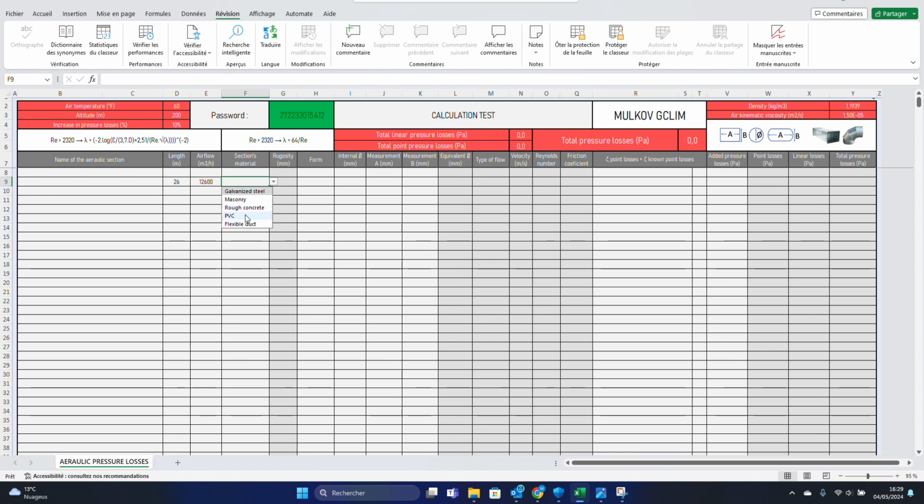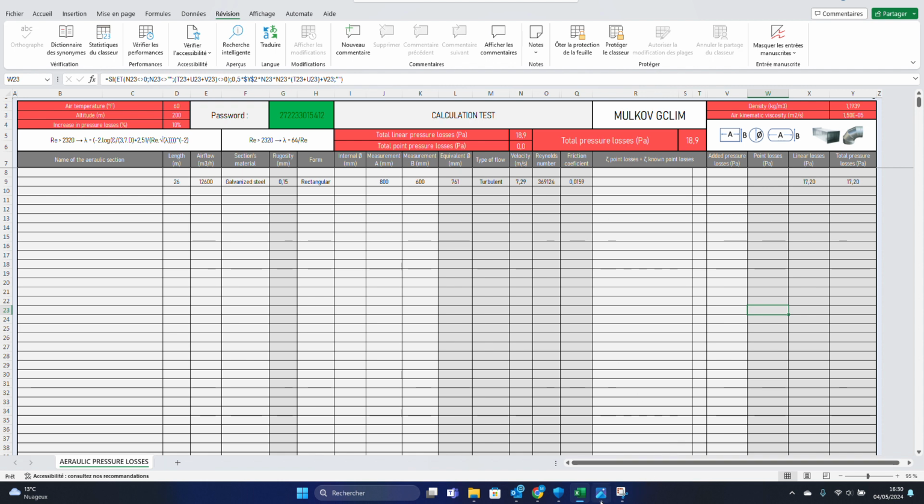If I choose, for example, PVC, the rigidity is going to be this one, but if I choose galvanized steel, it's 0.15. The form is rectangular. The measurement in this case is 800 and 600, like this. And at this moment the calculator is already able to calculate the linear losses, which is in this case 17.